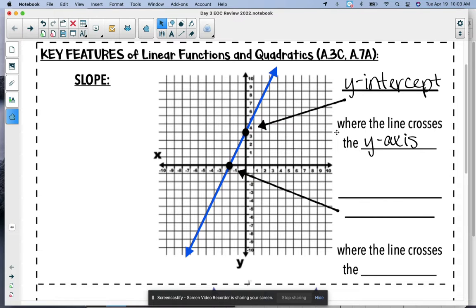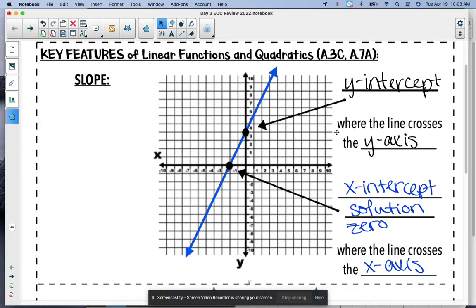And then the next one that we have is going to be our x-intercept. Now we could also call this a solution or a zero. And this is where the line crosses the x-axis. So the only other thing that I want to do with this graph is find the slope.